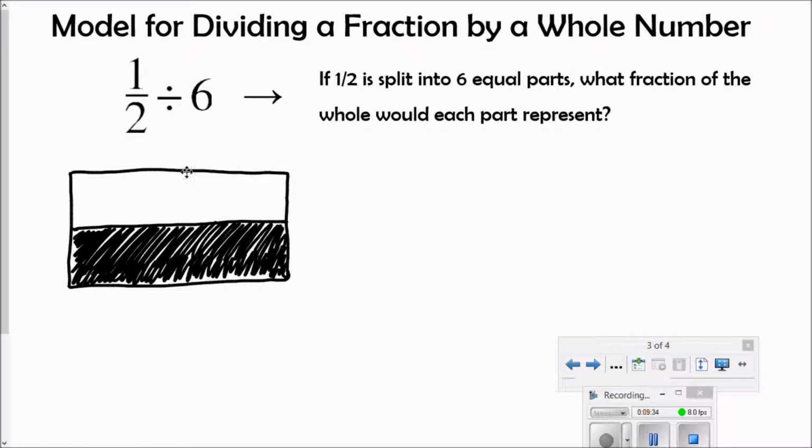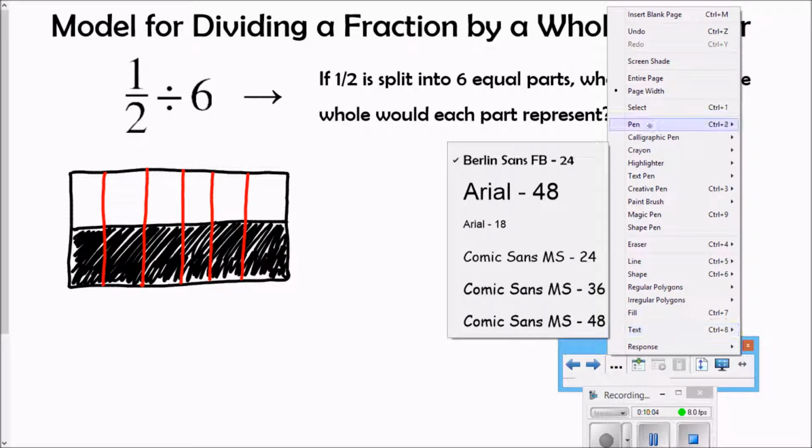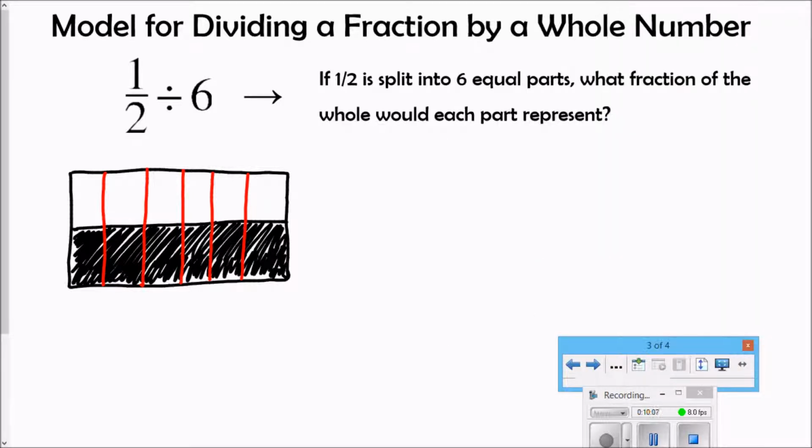When I'm dividing this into the 6 parts, I'm going to show the whole model being divided into 6 parts, because the question really asks us what fraction would each of those 6 parts represent of the whole model itself. Now you'll notice that my whole model is divided into 6 parts.